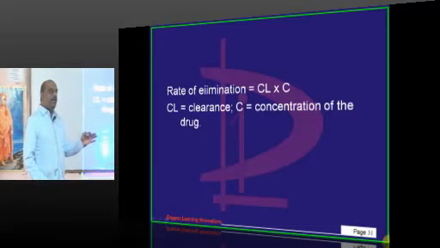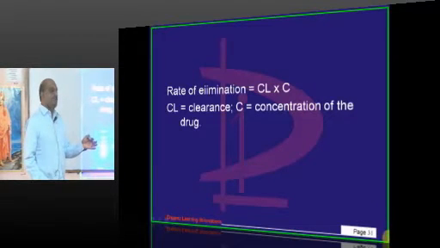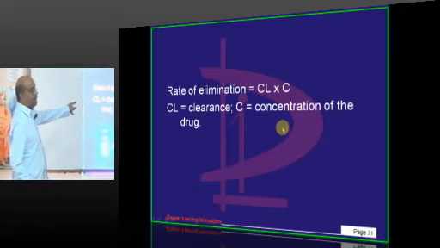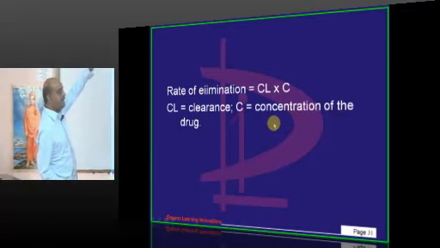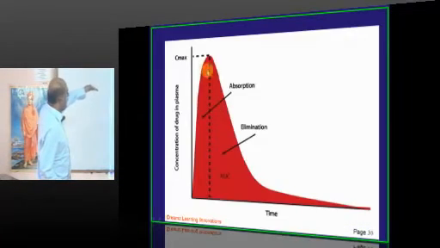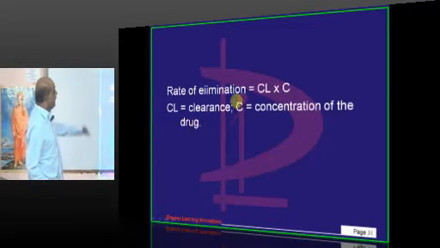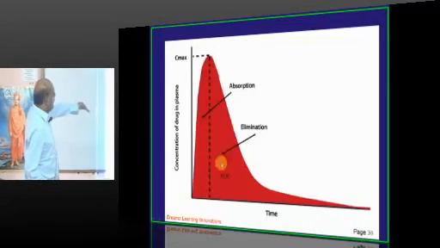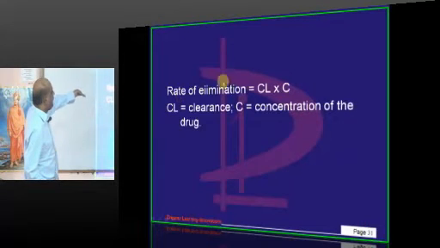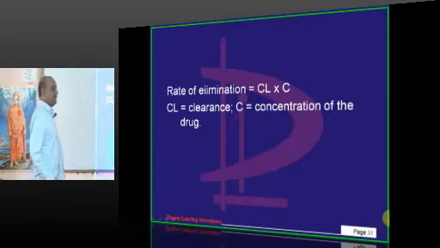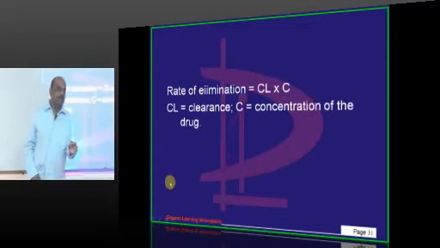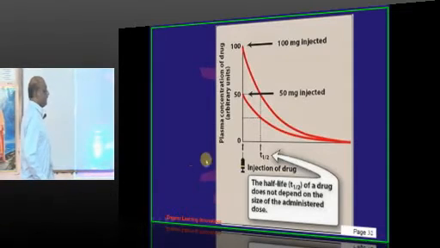Is there any way to calculate the rate of elimination? Rate of elimination, yes. The drug will achieve a certain steady state concentration or peak concentration. It is able to reach, no? That concentration of the drug into the clearance, which is calculated by the area under the curve, will give you what is called the rate of elimination. So these are the important formulas which you have to basically remember, doctor.